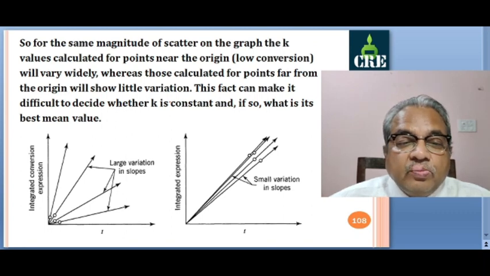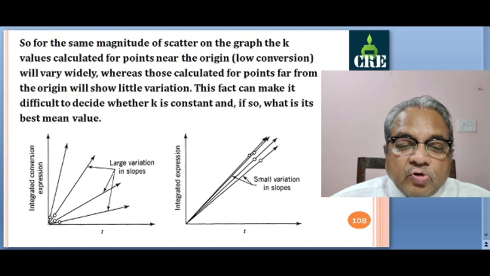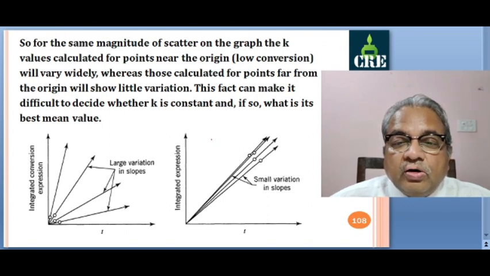So this fact can make it difficult to decide whether k is constant. If you consider each point individually with one point as origin, you will find near the origin and away from the origin it gives a different kind of variation. So you cannot easily say something about a constant value.